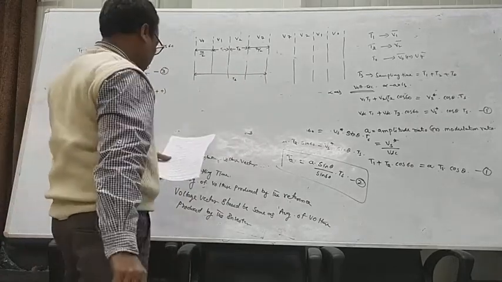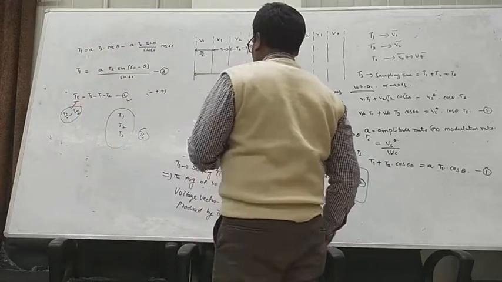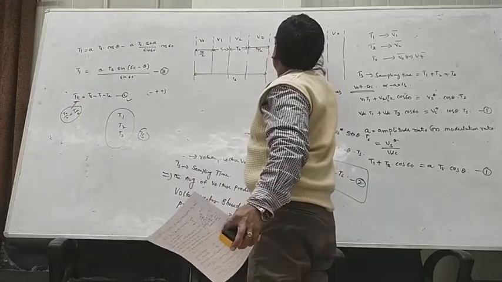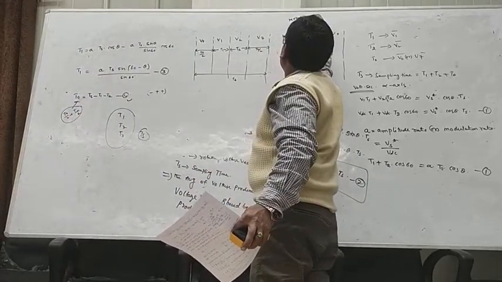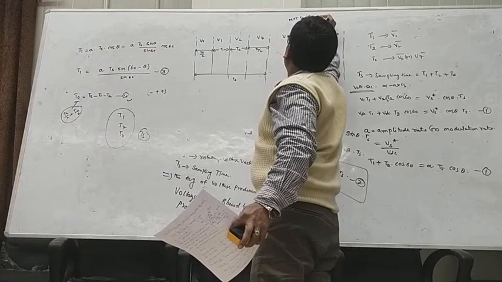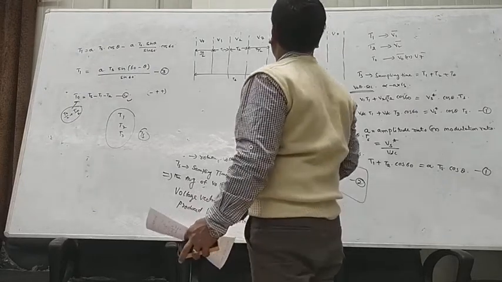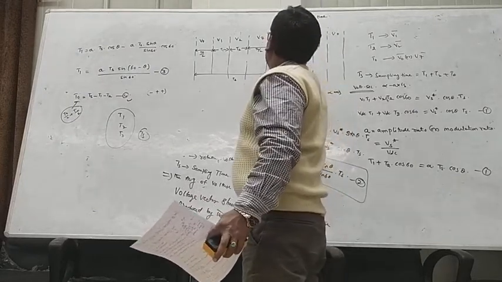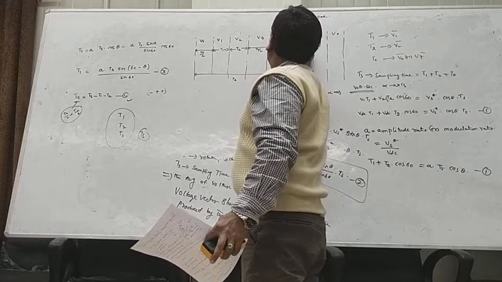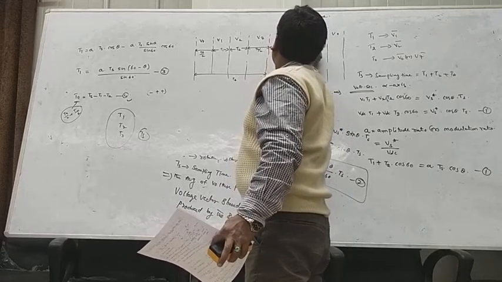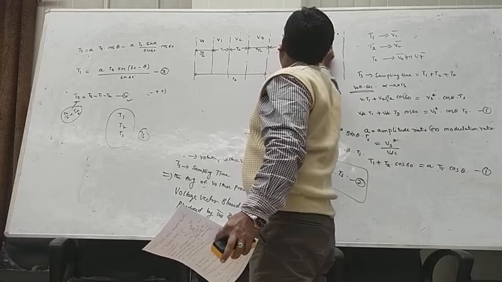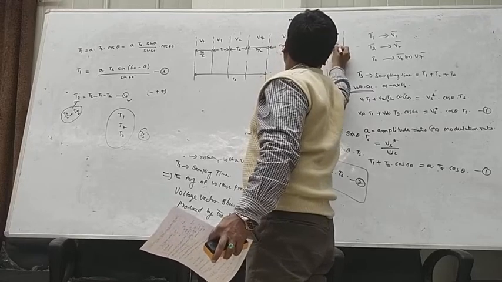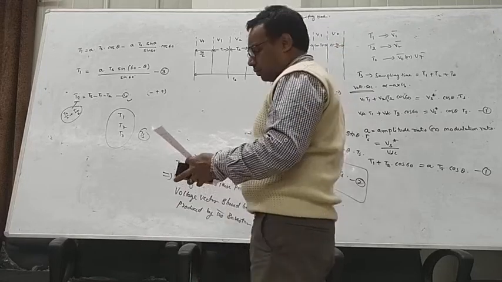Similarly for the next sampling time, this is again T0 by 2, this is T2, T1, and this is T0 by 2.